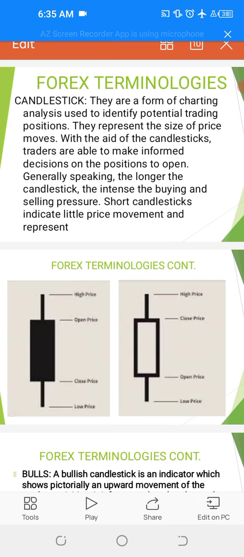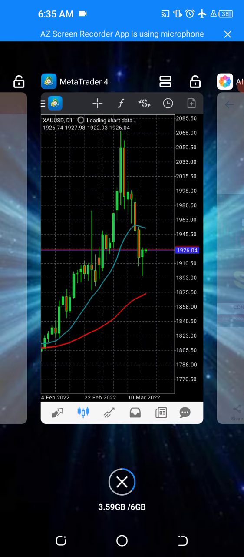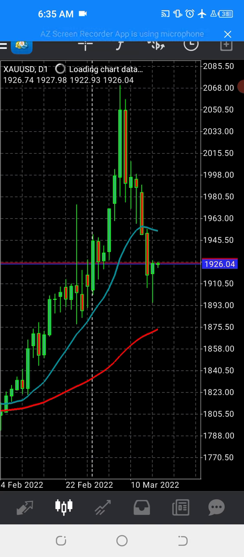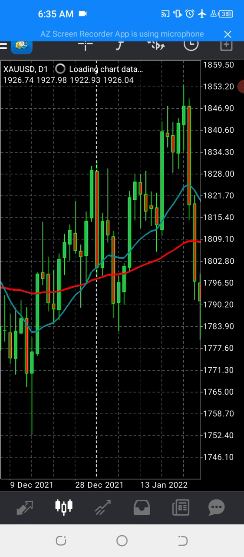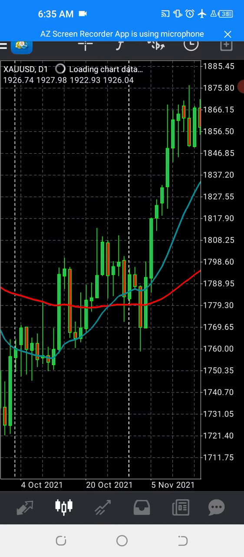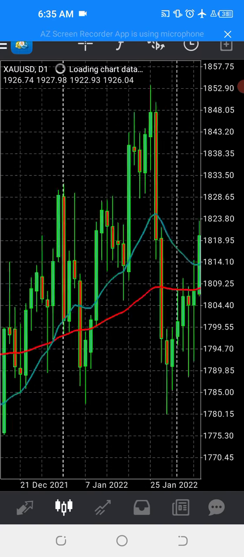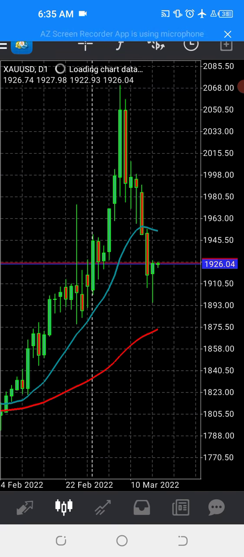As you can see, these two diagrams on the note are the candlesticks we are talking about. Let me take you to the chart. You can see the chart here now. This is what the chart looks like. You can see these are candlesticks. You can use any color to represent yours, but for me, I prefer using the green and red.